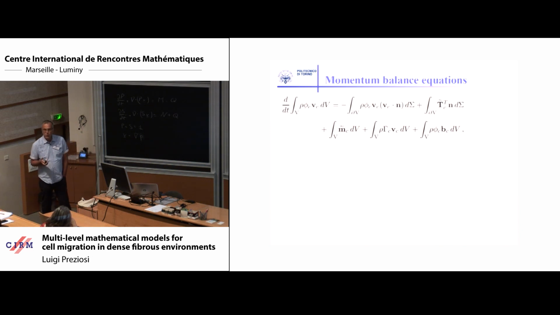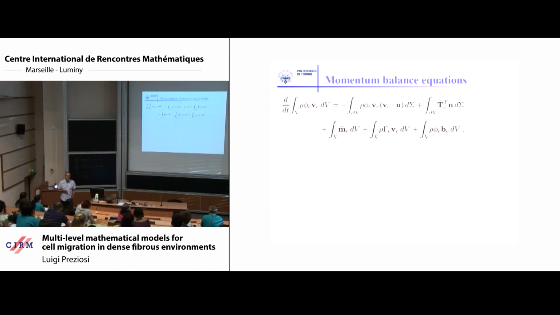If you want to go a step further without making a closure which looks artificial, if you want to justify that, you have to write down a momentum balance equation. Things become a bit more difficult to see, but let me try to explain all the terms in this.